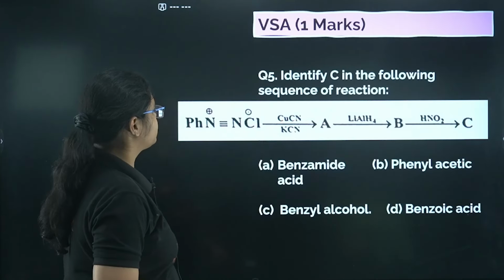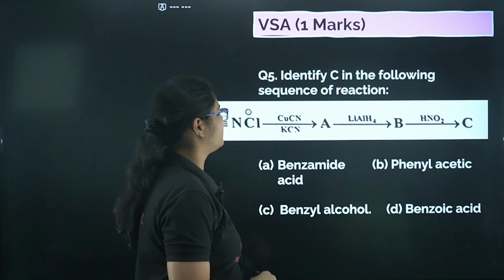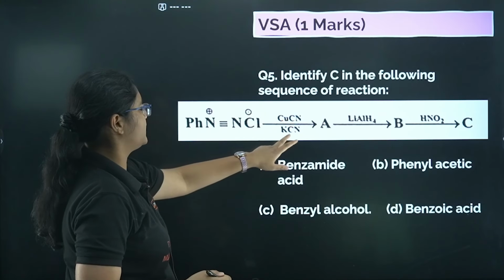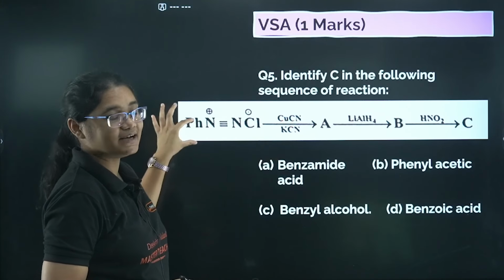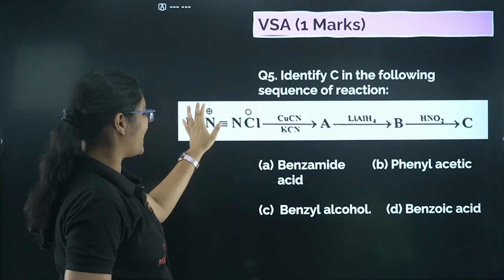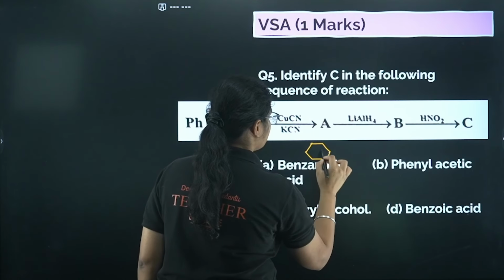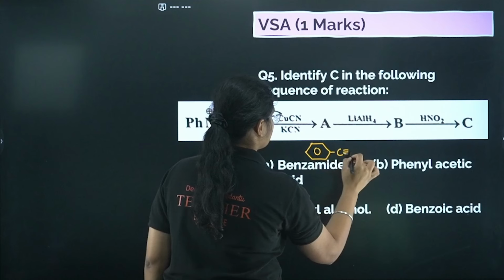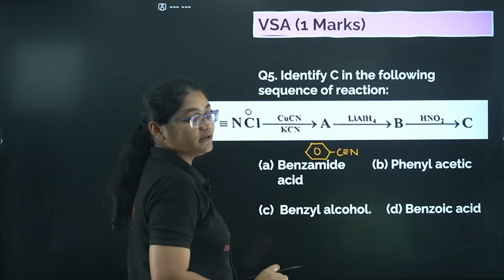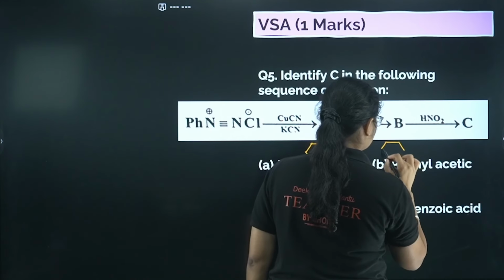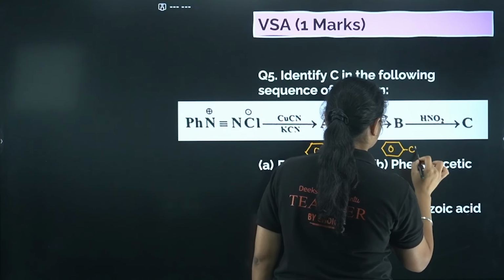Okay. Next question, identify C in the given sequence of reactions. First of all, CuCN, KCN is there with benzene diazonium chloride. So that will add the CN group here. So A will be the benzene ring with the CN group. Then lithium aluminium hydride is a reducing agent, so that will reduce this to give me CH2NH2.